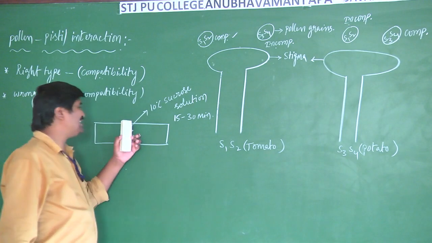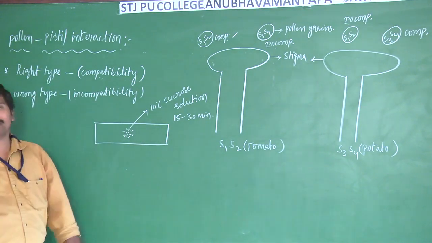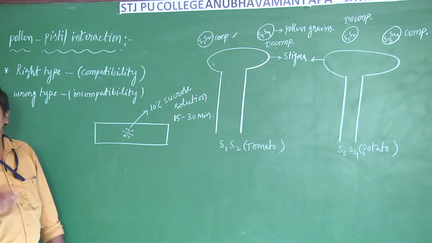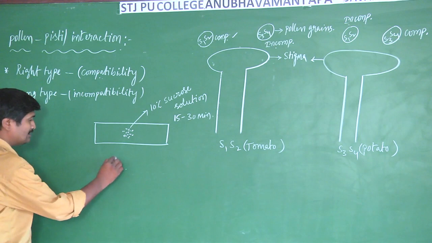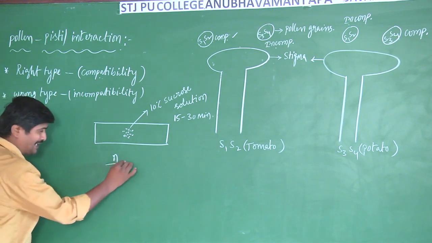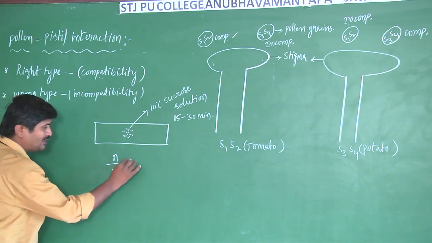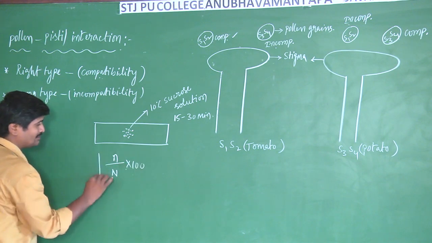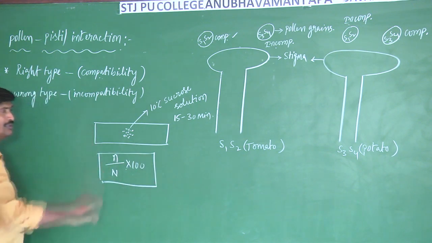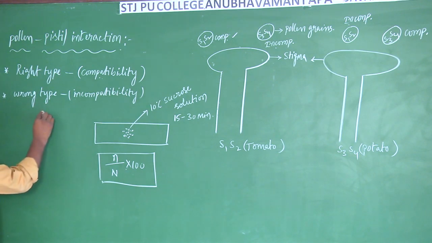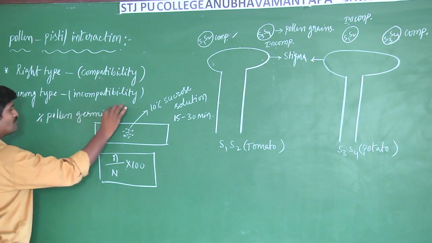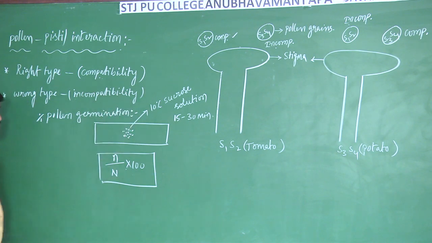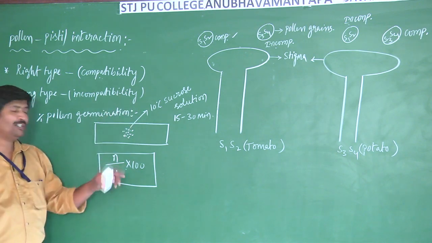So how many pollen grains are germinated in a particular area? Here is one simple formula to calculate the percentage of pollen germination: small n by capital N into 100.